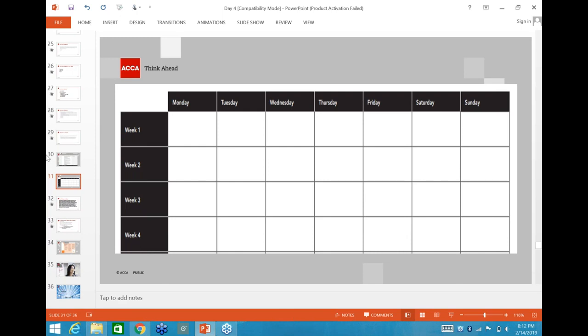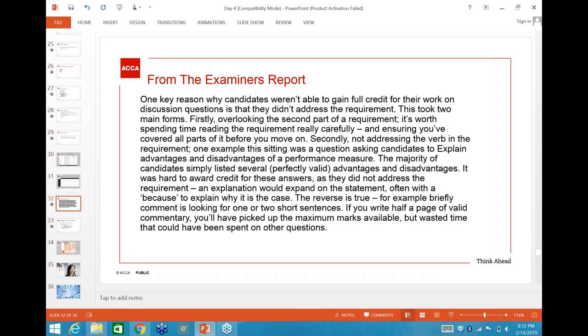Some words from the examiner. One key reason why candidates weren't able to gain full credit for their work was discussion questions. All of us have a problem with discussion questions. If you actually analyze, this discussion element can be only about 20 marks out of 100, because 60 marks is Section A and B with no discussions there.